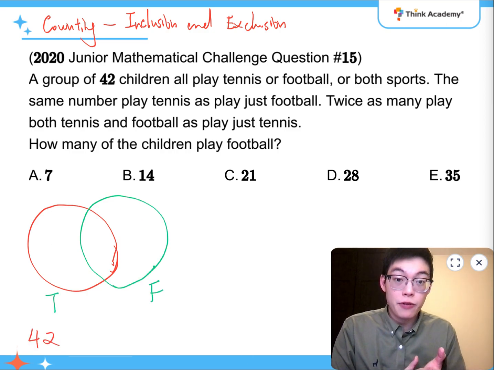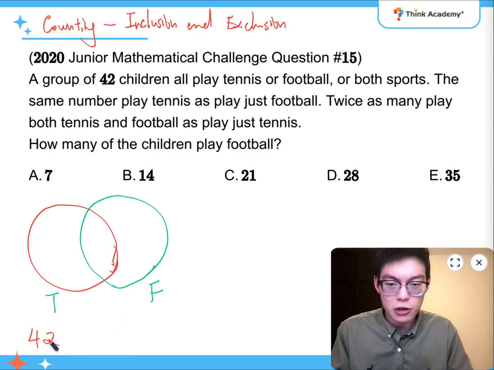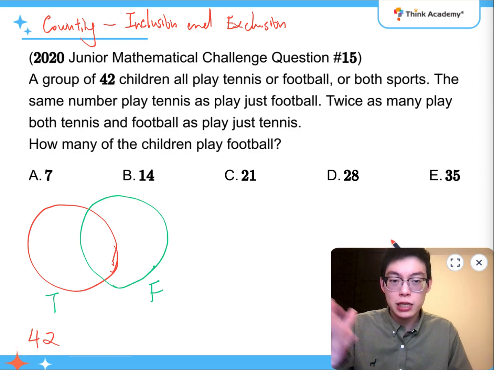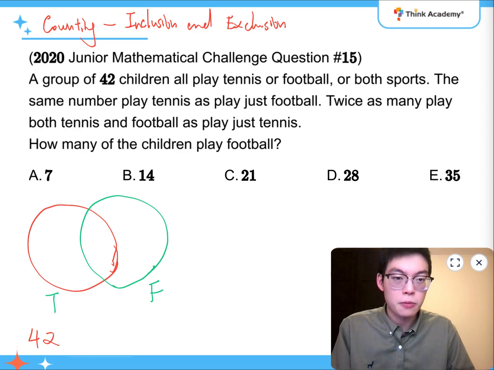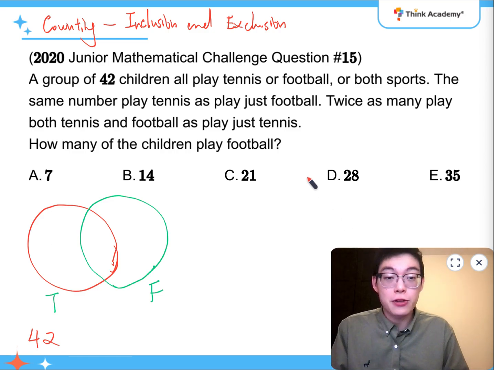Putting in the unknowns now would be a little too fast. Well, or not, because I know the total number, so I could find the number of people playing tennis or just football. But it's your choice. I would like to read through the whole question first, usually.